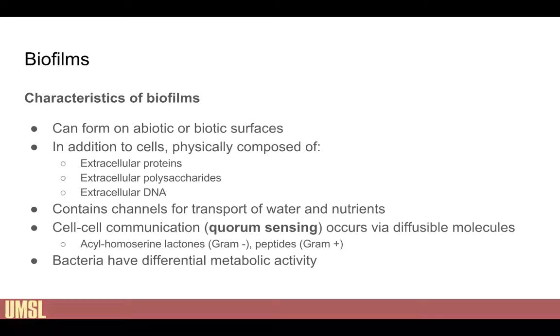Essentially, this is a chemical method of communication between bacteria that's often mediated by compounds such as acylhomoserine lactones in gram-negative bacteria, or small polypeptides in gram-positive bacteria. What these molecules are doing is a way bacteria sense population density.